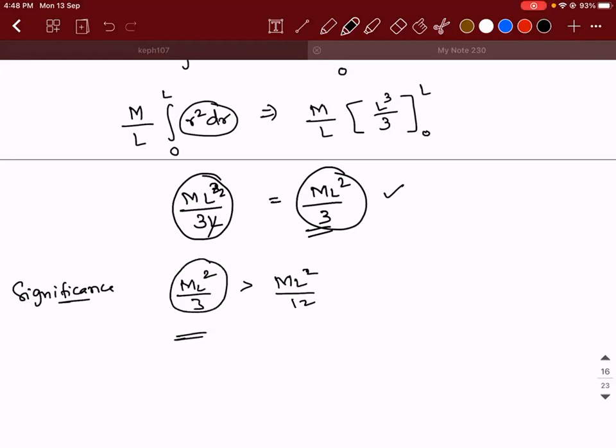What do you understand? I told you that moment of inertia is the resistance offered by an object to the torque applied. Correct?